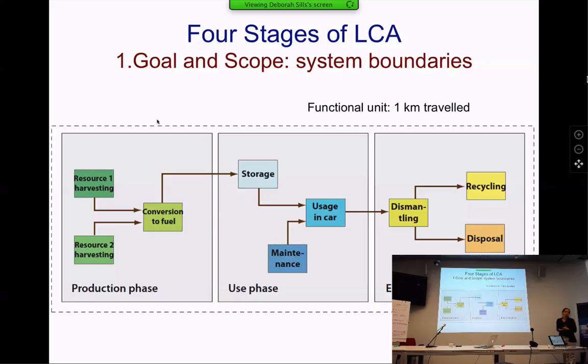So we're still in the goal and scope. I already told you that Xi used 1 kilometer traveled as the functional unit. What other functional unit might you use for, let's say they were all liquid biofuels. A liter of fuel, why might that not work?